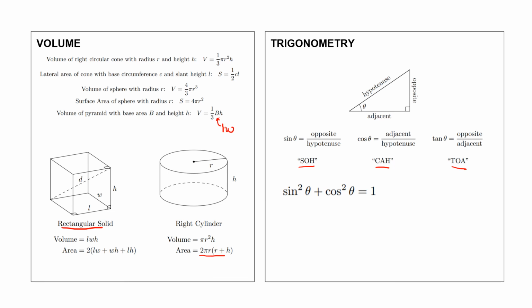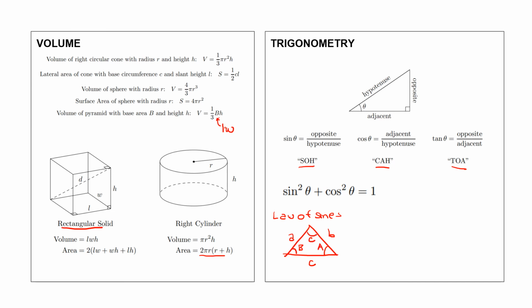Now we also have a special property in trig where sine squared theta plus cosine squared theta equals 1. In addition to that, we also have the law of sines, where for any triangle, we'll call this side A, this side B, and this side C, and we'll call the angles opposite to each of them the capital letter of their side names.